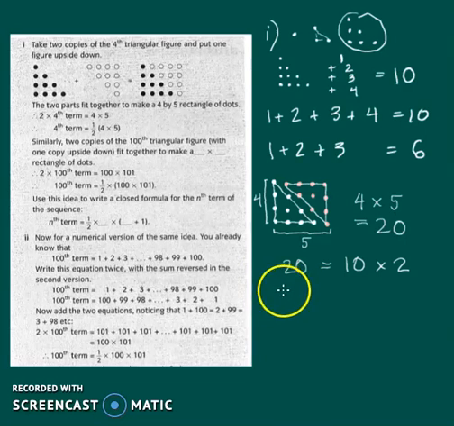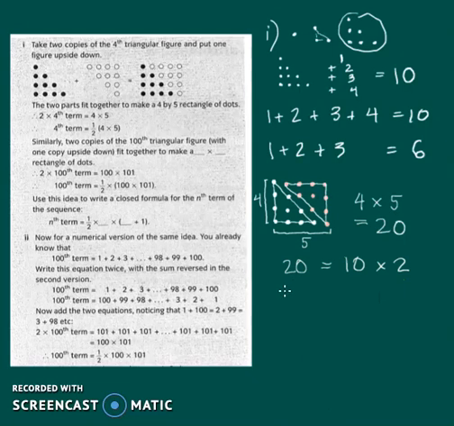So basically, if we didn't have the option to count the dots in this fourth triangle, and we just knew that it was made up of 4 dots on one side and 4 dots on the other, we could just think of it in terms of a rectangle.